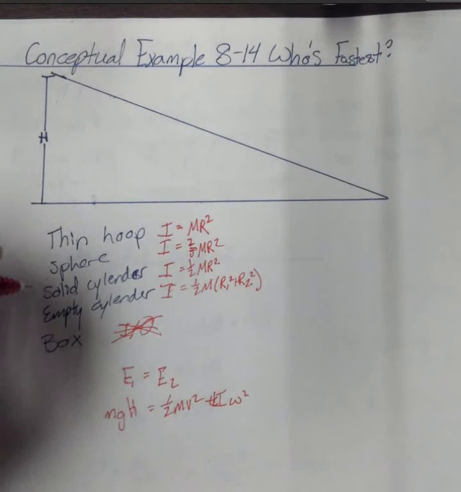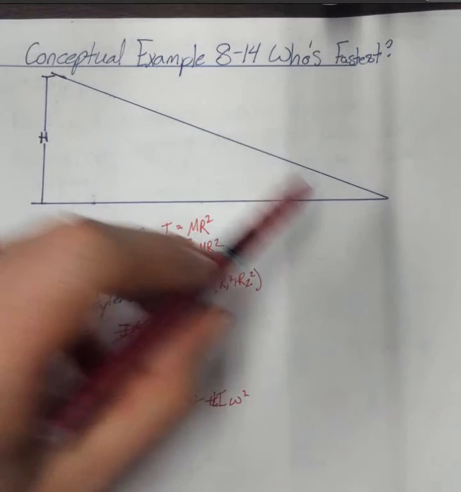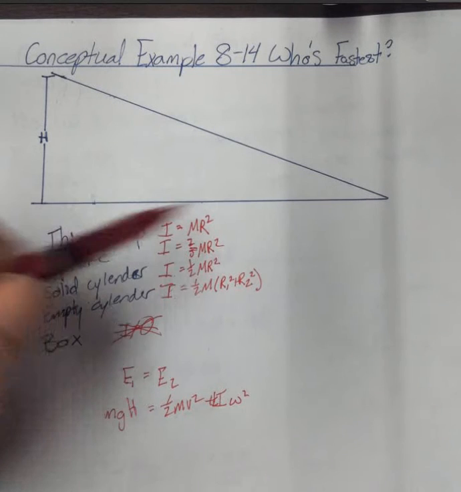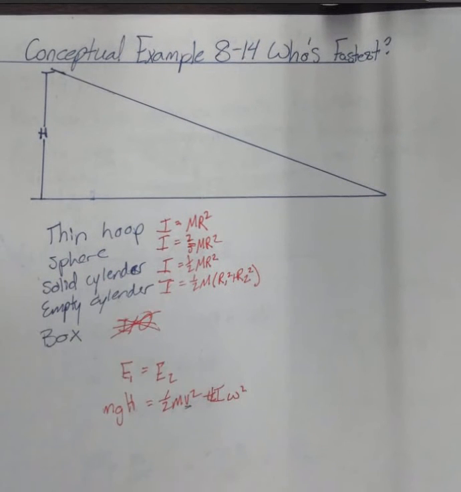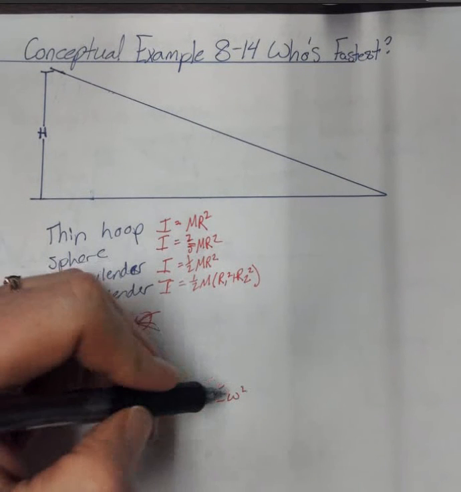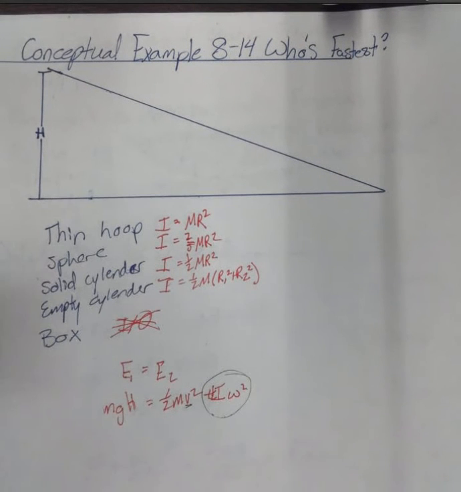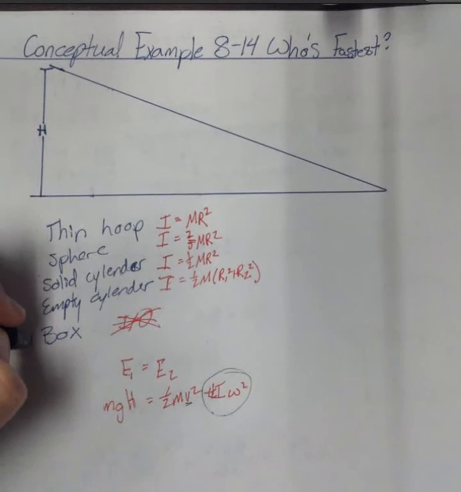We were able to show in the example right before this that the mass and the radius, or the distribution of the mass, are negligible values. So the first thing that we could say is that an object with the largest linear velocity is going to make it to the bottom the fastest. And that object is an object whose value for rotational motion is 0. So that means that the box will be first.